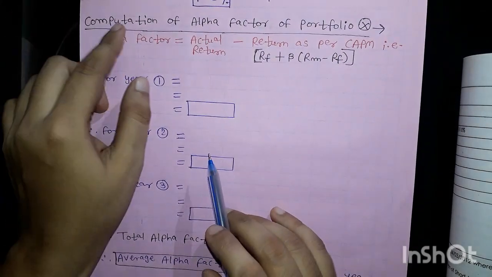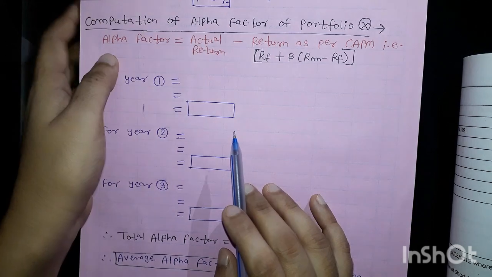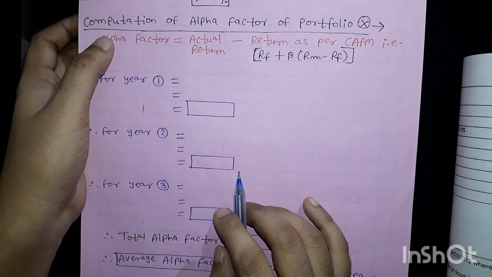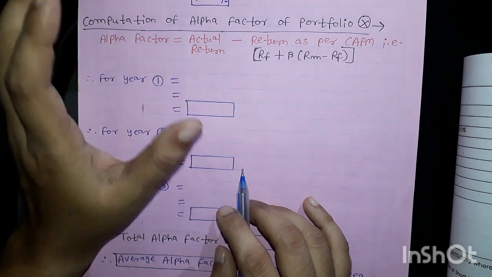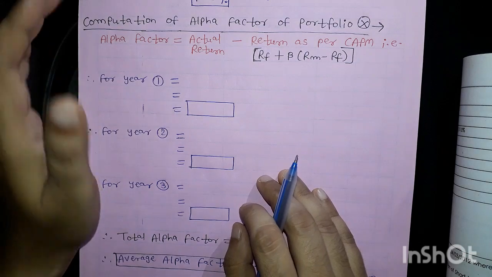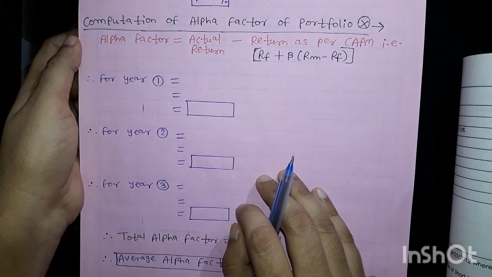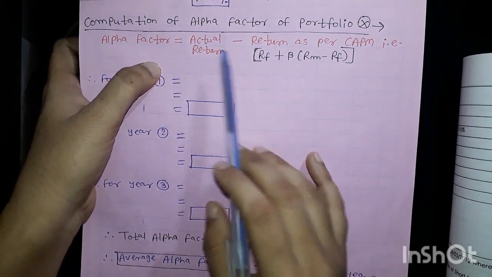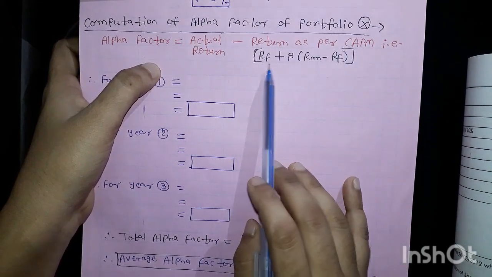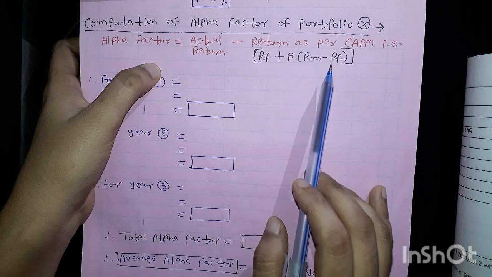After that, computation of alpha factor of the portfolio. Basically on the given information, we can give the ranking to the particular portfolios as per the alpha factor. So we will go for the calculation of alpha factor. Here alpha means actual return minus return as per CAPM, that is RF plus beta (RM minus RF).